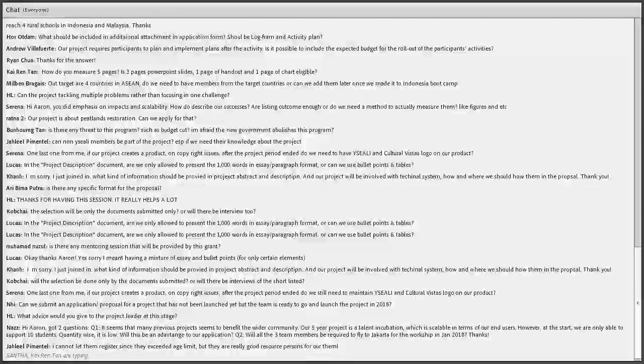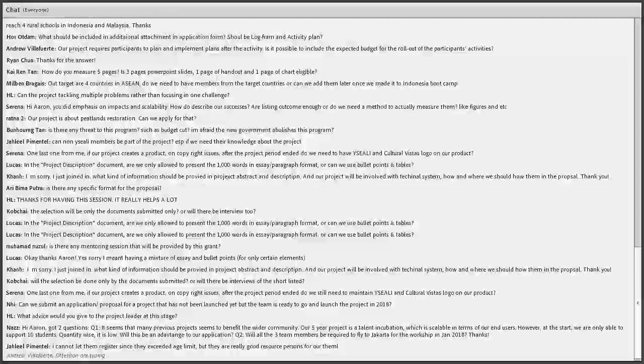If your project creates a product, on the copyright issue after the project period ends, do we still need to maintain the YSEALI Cultural Vistas logo on our product? It is dependent. Serena's question about copyright issues is something that we will come to in one of the later sessions, and you can also reach out, Serena, to the EcoFund Go project from this year, one of the selected teams, to see how they've managed the copyright.